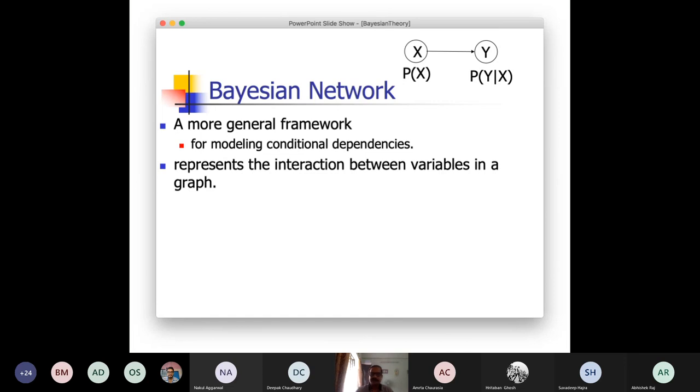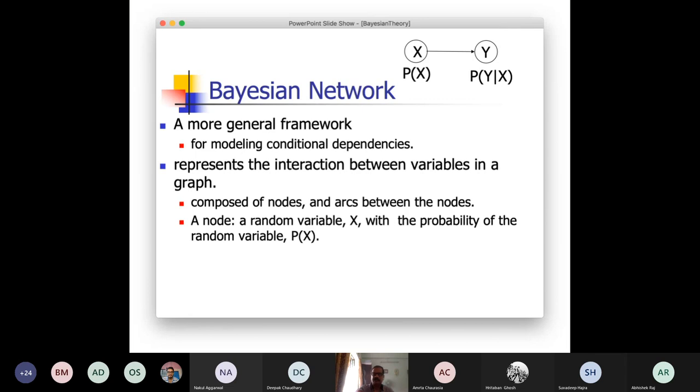As I mentioned, it's a more general framework, and the conditional dependencies among the random variables are represented in the form of a graph, in fact a directed acyclic graph. In this graph, the nodes represent the random variables, and the corresponding edges represent their relationships in terms of conditional dependencies.